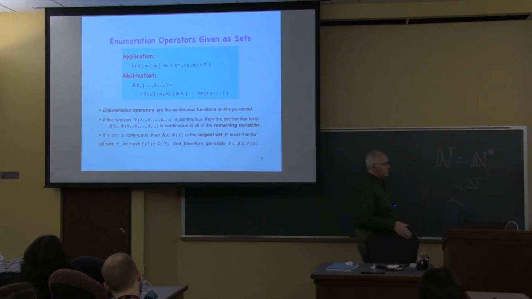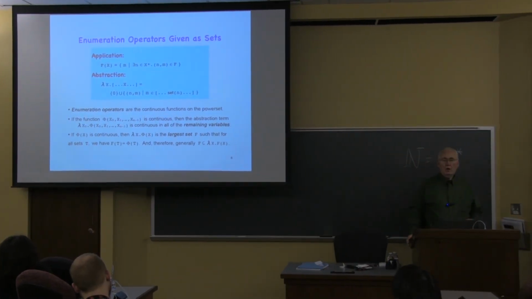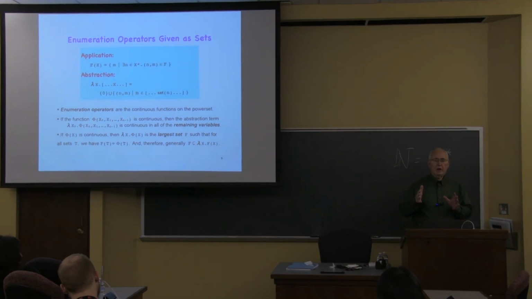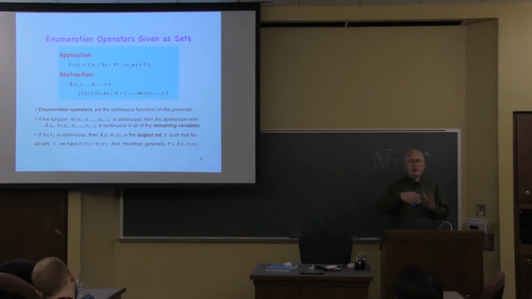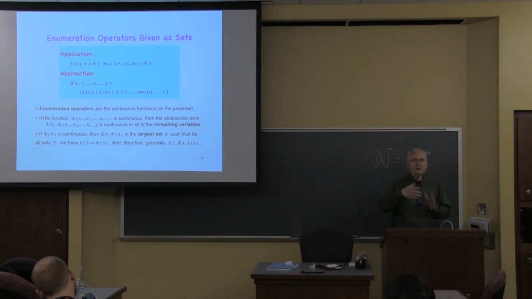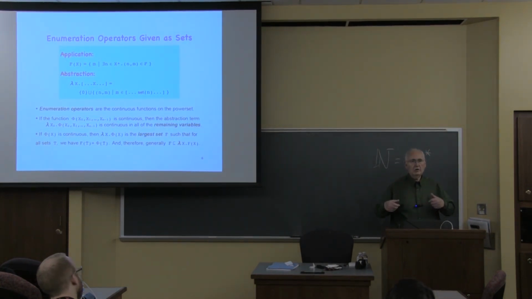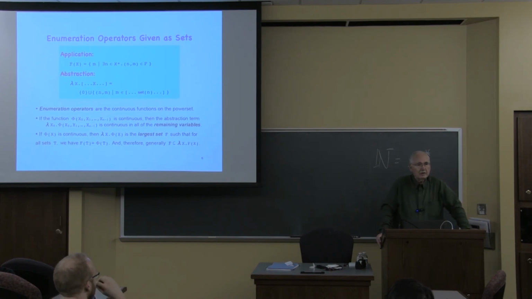You can think of it this way: input and output. As you're enumerating the finite amounts of information about the input, you go through some mumbo-jumbo to enumerate the finite information about the output. That's another way of reading what continuity means.